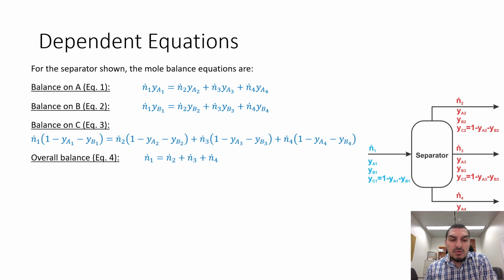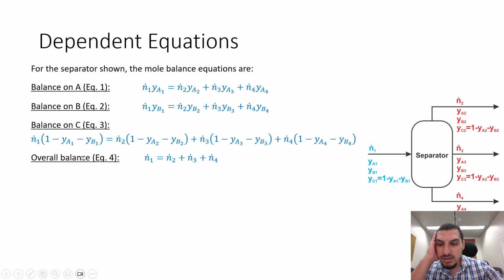If we keep in mind what we mentioned in the previous slide about dependent equations and look at the equations we have here, we notice something very interesting: equation 4 is equal to the summation of the first three equations. Let's take the left-hand side. We have N1 YA1, N1 YB1, and N1 multiplied by 1 minus YA1 minus YB1.